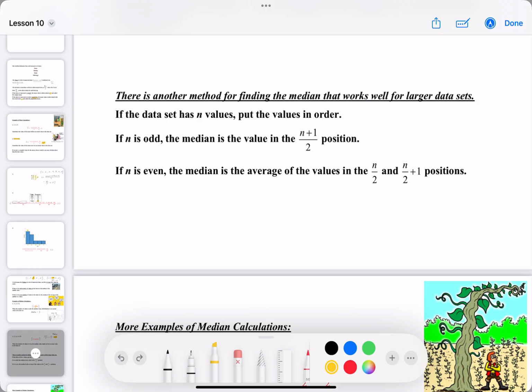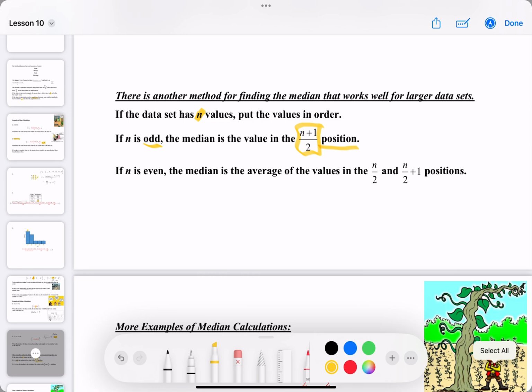We use a formula. If we have n values in total and n is odd, the median is at position n plus 1 divided by 2. This is a position, not the actual value. Find that position, and that's our median.